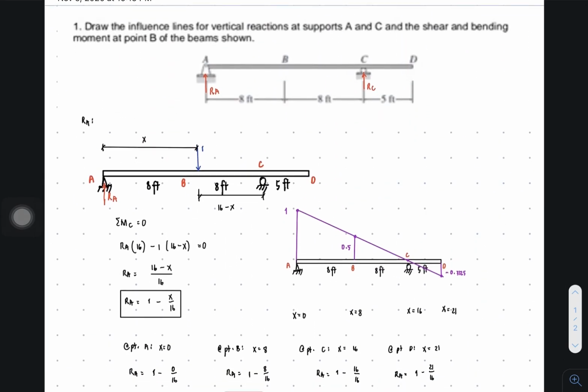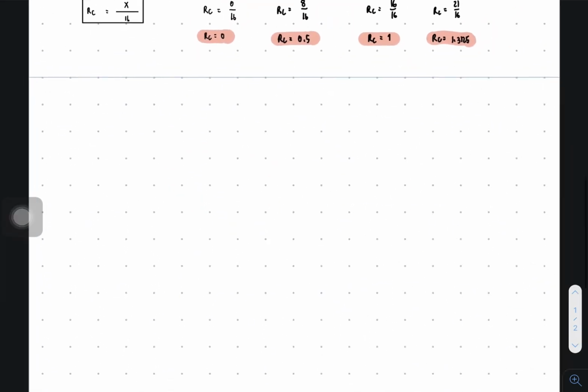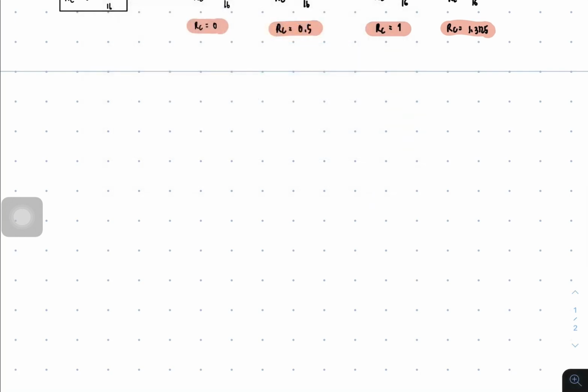So proceed with the shear and bending moment at point B. But before that, let us make a table, so that we will not make mistakes. So for example, whenever we have values of RA and RC, there is an X. So at X values, here, I will not put the X value.